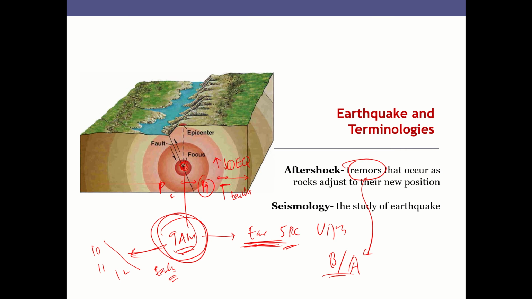Which means, let's say this plate has moved up and this plate has moved down, and some of the land is about to settle. It's a settling of the earth underneath the earth's surface, and that is called tremors.